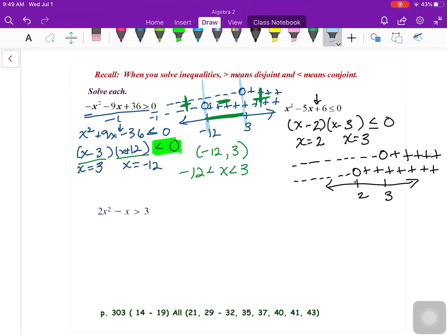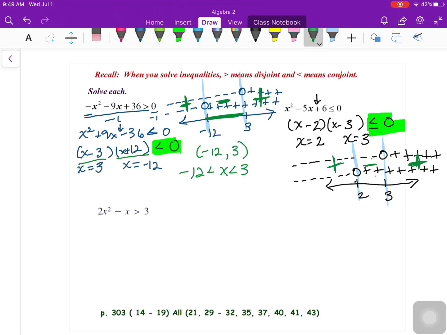0 at 3. Left of that will be negatives. Right will be positives. So then where my zeros land, I see a negative times a negative gives me a positive. A negative times a positive gives me a negative. And a positive times a positive gives me a positive.